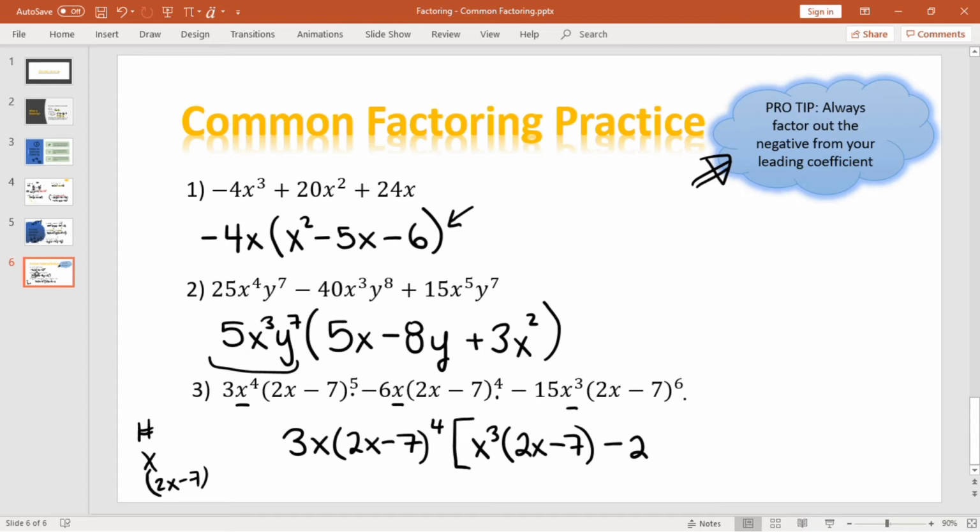Third term, negative 15 divided by 3 is negative 5, and then x cubed divided by x, x squared, and we'll have 2x minus 7 to the power of 6 divided by the power of 4. 6 minus 4 leaves you 2. And done.